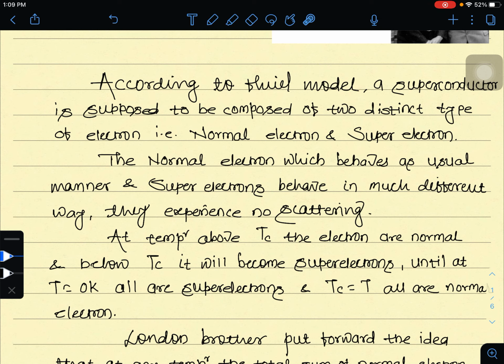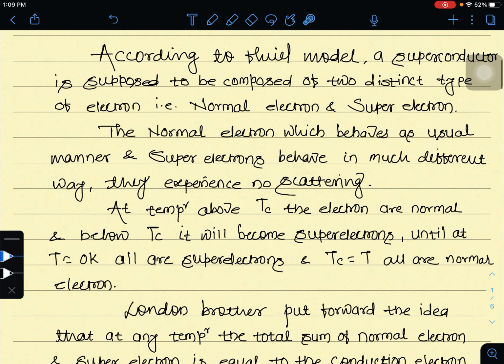Now, consider a superconducting material.